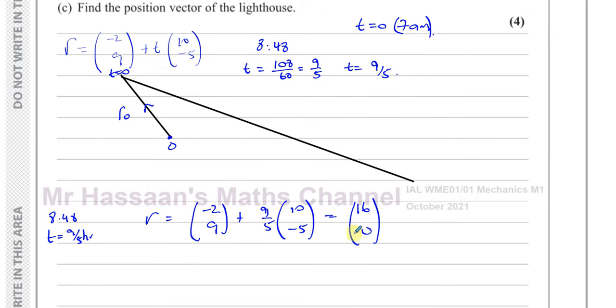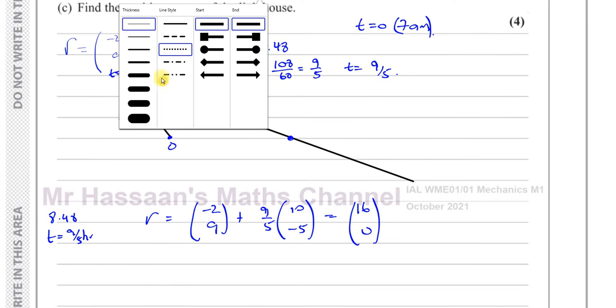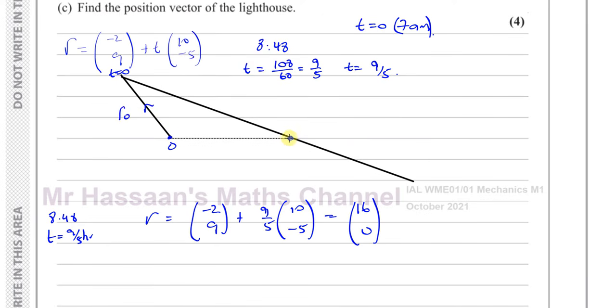Okay, so that means the ship is going to be horizontally across from the origin. So the position vector of the ship when t is equal to 9 over 5, which is at 8:48, is going to be 16i.